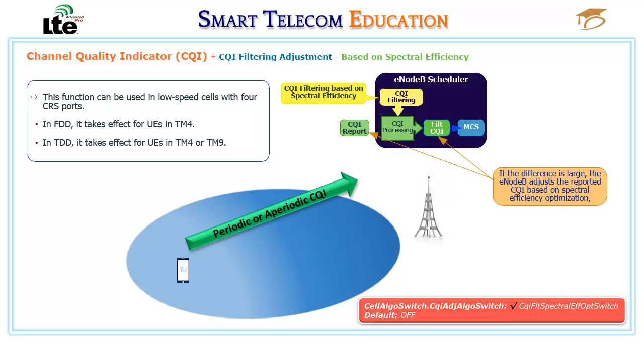If the difference is large, the eNodeB adjusts the reported CQI based on spectral efficiency optimization, and then applies filtering to the adjusted CQI and the previous filtered CQI. If the difference is small, the eNodeB directly applies filtering to the reported CQI and the previous filtered CQI.